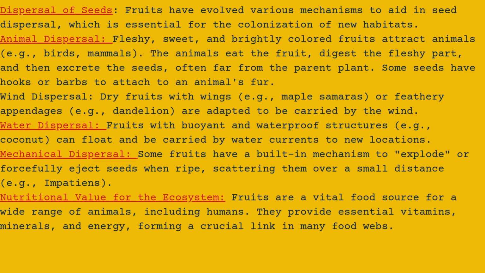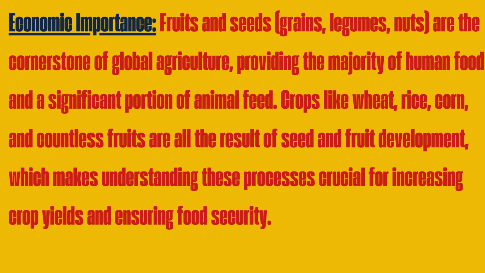Now, the next is the nutritional value for the ecosystem. Fruits are a vital food source for a wide range of animals, including humans. They provide essential vitamins, minerals, and energy, forming a critical link in the food web.